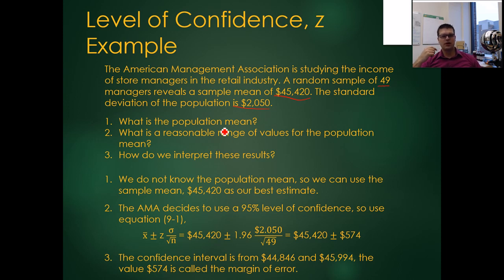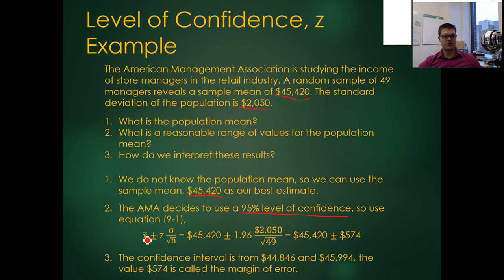So first of all, what is the population mean? We don't actually know the population mean, so we're going to do a point estimate. The point estimate that we're going to use is 45,420 because that's the sample mean. So what we want to do now is say, how much confidence do we have that it's actually 45,420?